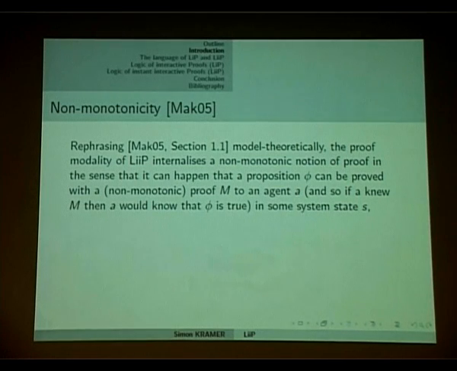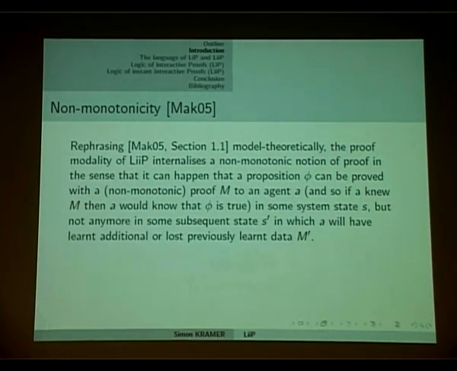That is proving in this sense in some system state S, but not anymore in some subsequent state S prime in which A will have learned additional data or lost previously learned data M prime. So the addition of more data might lead the proof that I received before to cease to be a proof.